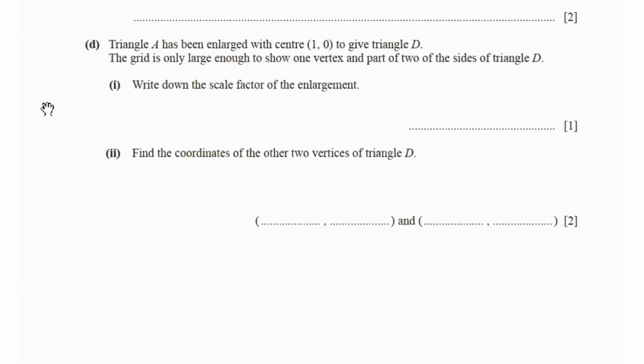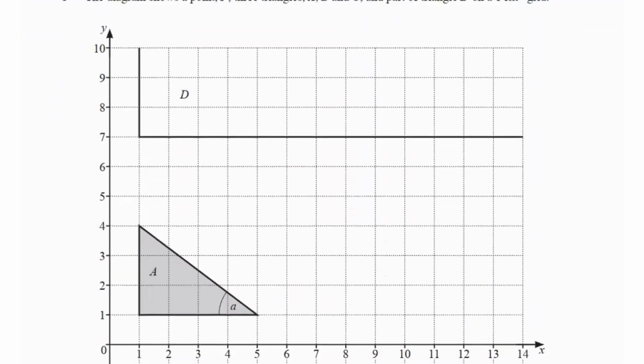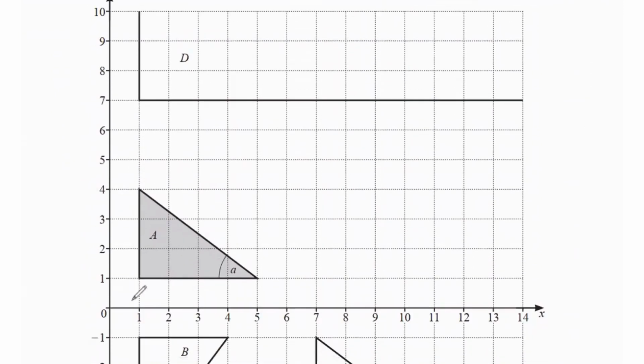Next part says that triangle A has been enlarged with center (1, 0) to give triangle D. The grid is only large enough to show one vertex and part of 2 of the sides of triangle D. Write down the scale factor of the enlargement and find the coordinates of the other 2 vertices of triangle D. So for the scale of enlargement, (1, 0) is this.